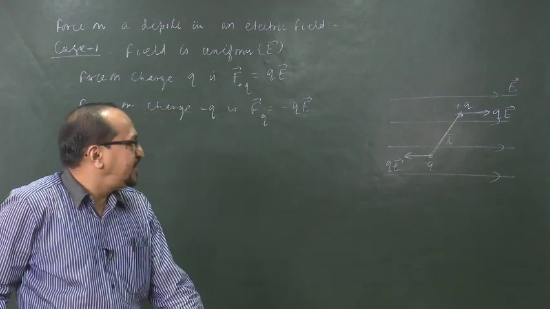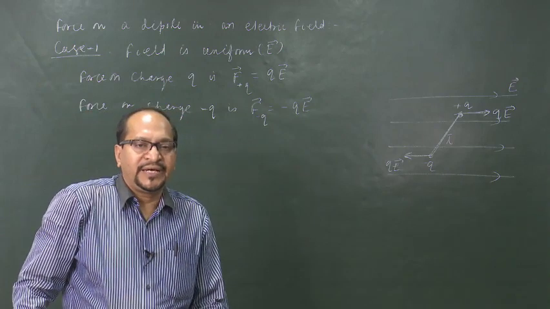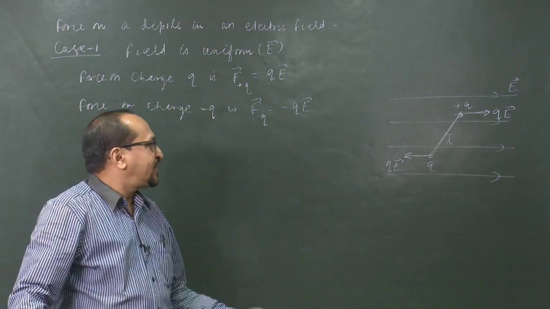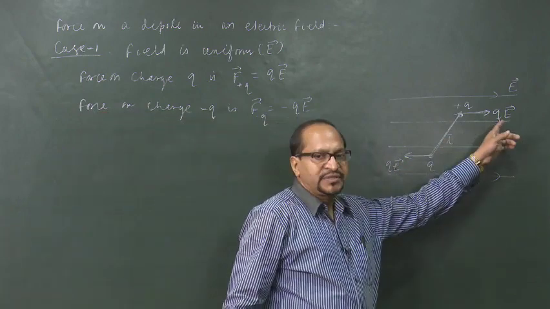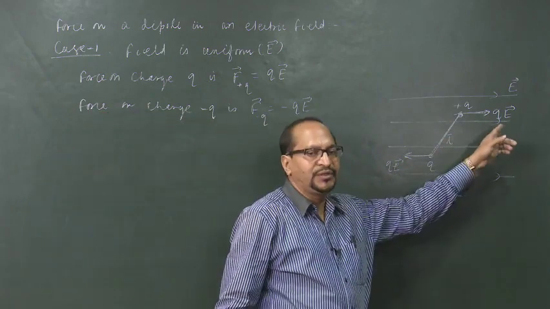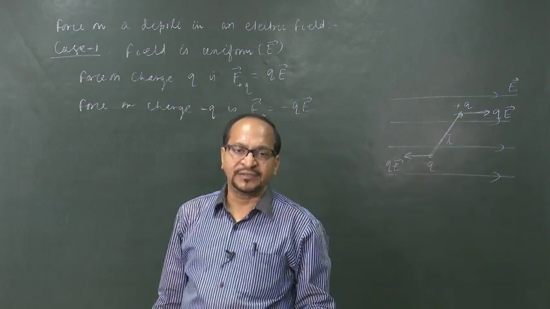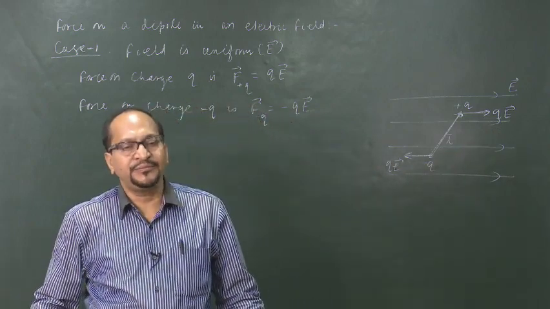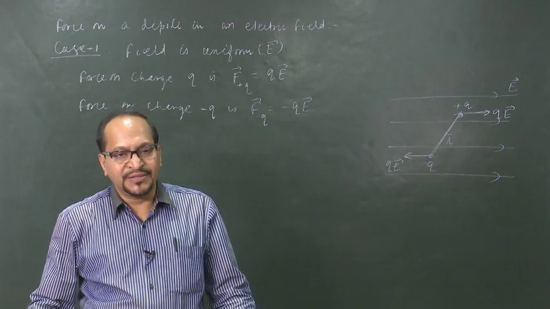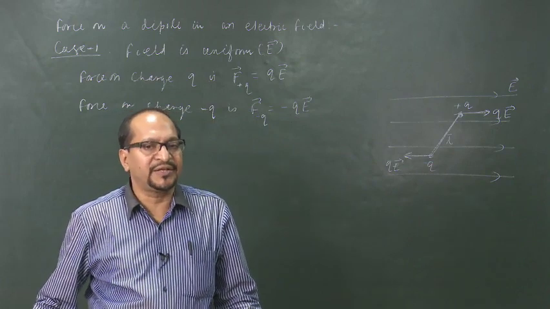So, now you can see that the dipole as a system is experiencing two forces of the same magnitude QE, but in opposite direction. So, when a body or a system or a particle experiences two equal and opposite forces, the vector sum is 0.